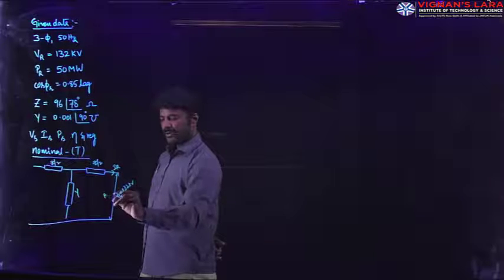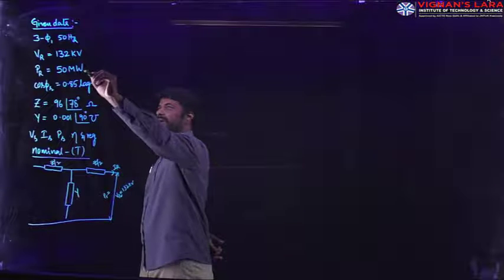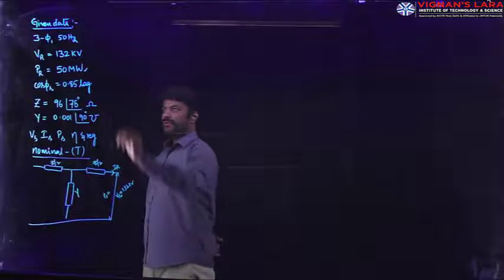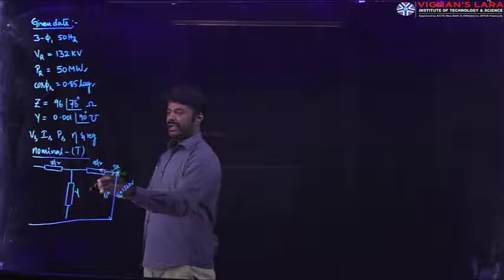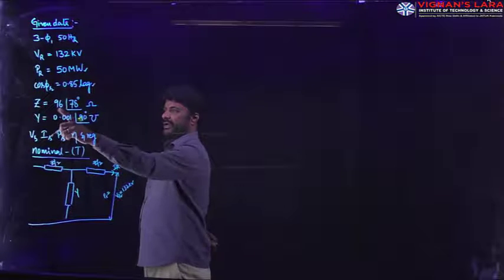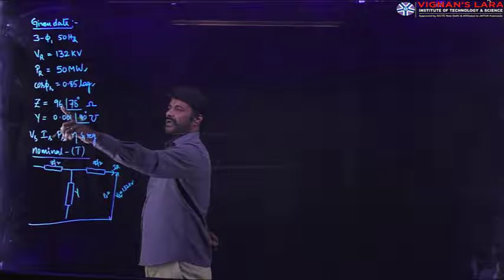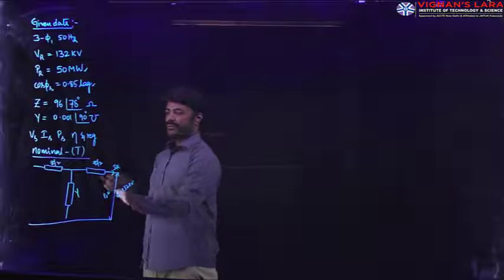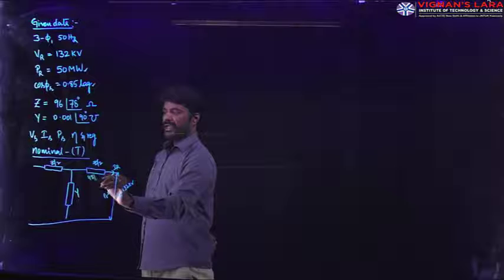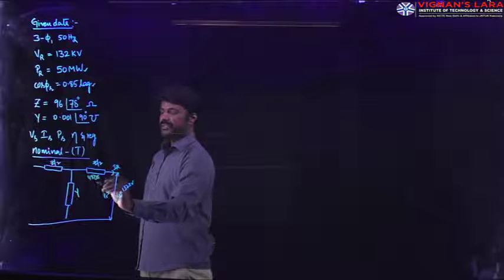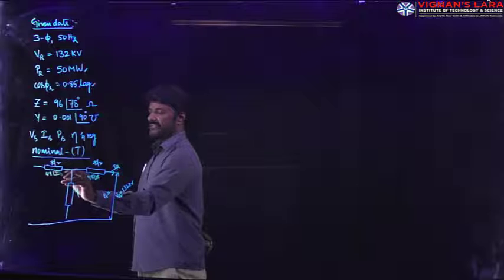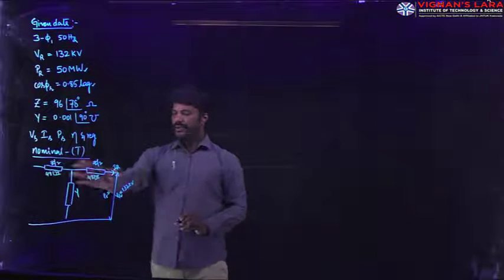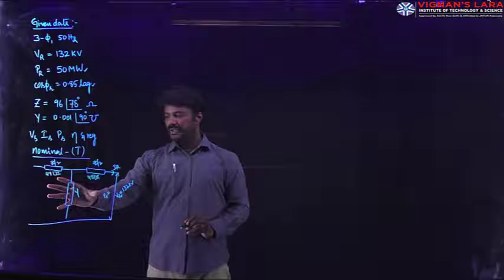And the power delivered PR is also given as 50 megawatts with the power factor nature, inductive load, as 0.85 lagging. The impedance is divided into two parts, so that each part is 48 ohms making an angle of 78 degrees. Here also 48 ohms, making an angle of 78 degrees. For our convenience I have shown it in the figure notation.